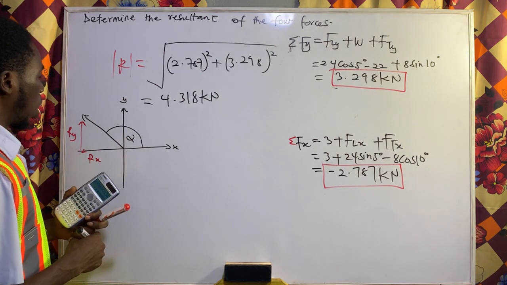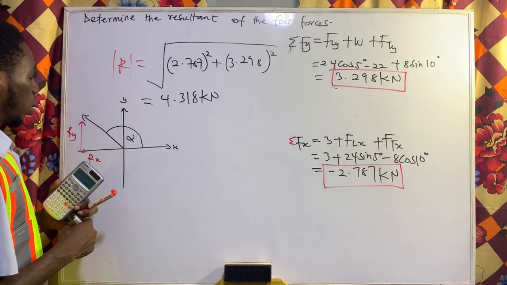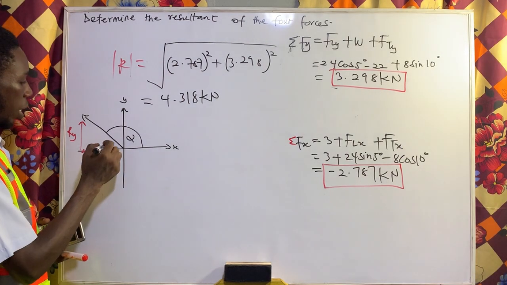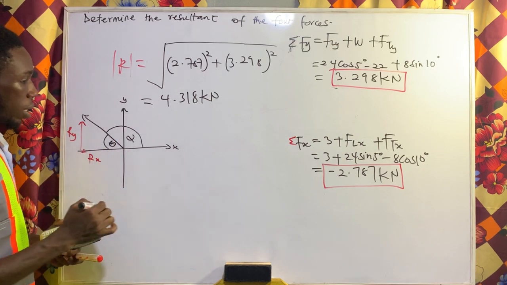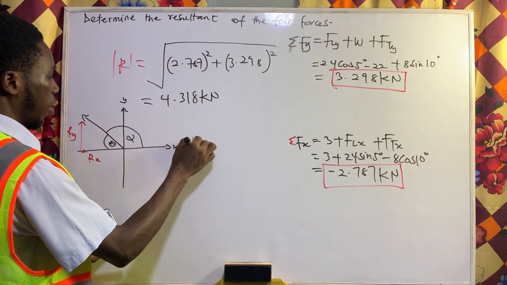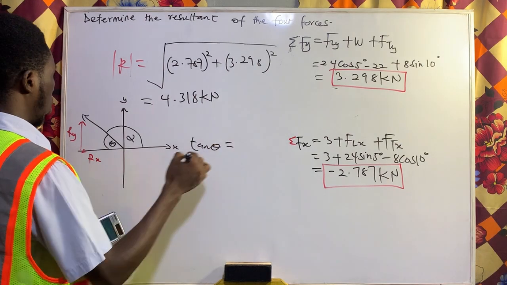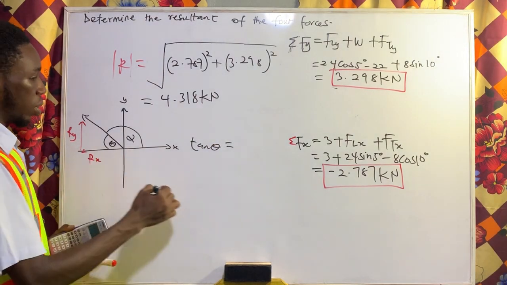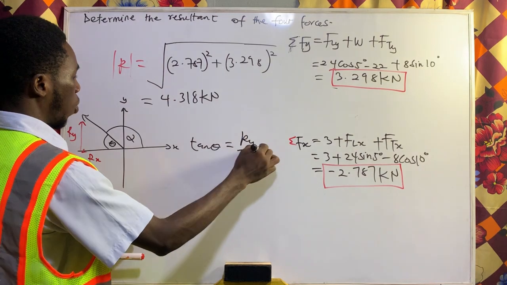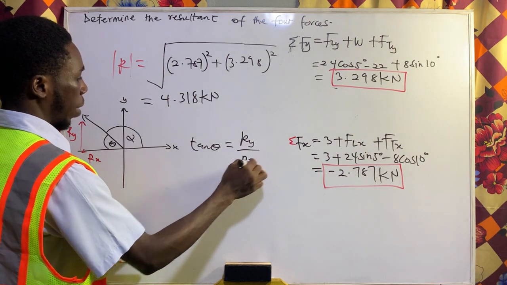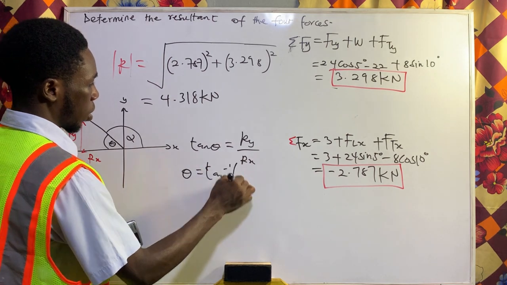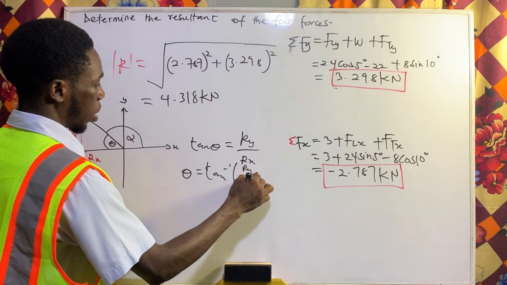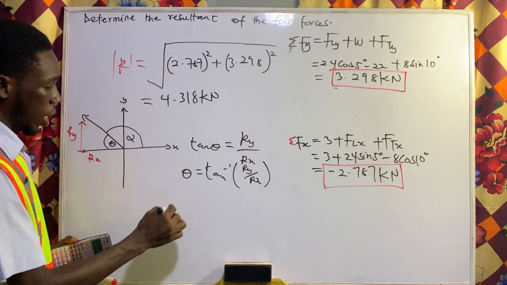Okay, so how do we do that? Let's name this angle here, say theta. First of all, let's find theta. So we're going to have tan theta equal to the opposite side over the adjacent. So that's Ry over Rx, right? So theta will be equal to the tan inverse of Ry over Rx. So now let's find theta.